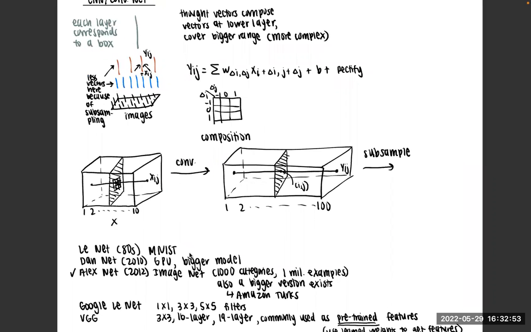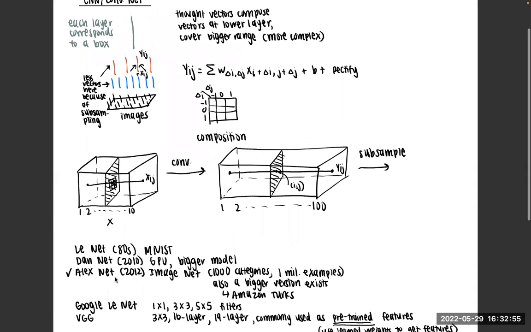And then in 2012, AlexNet was invented, and it was applied to ImageNet, which is a much bigger dataset than MNIST. MNIST has 10 categories, right, corresponding to the 10 digits. But ImageNet has 1,000 categories, with 1 million training examples.